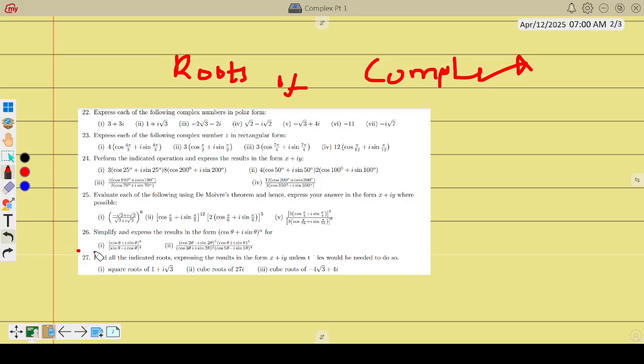Also, the last part of complex numbers is to know the roots of a complex number.